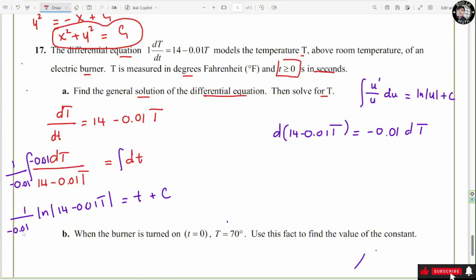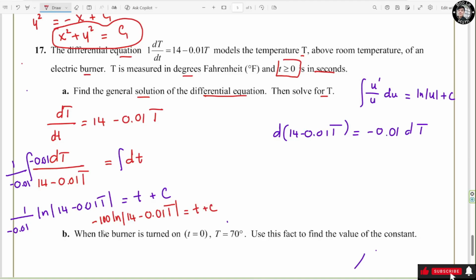Now to remove the decimal number, I just multiply the top and bottom by negative 100. So this guy becomes negative 100 ln absolute value of 14 minus 0.01 T equals t plus c.